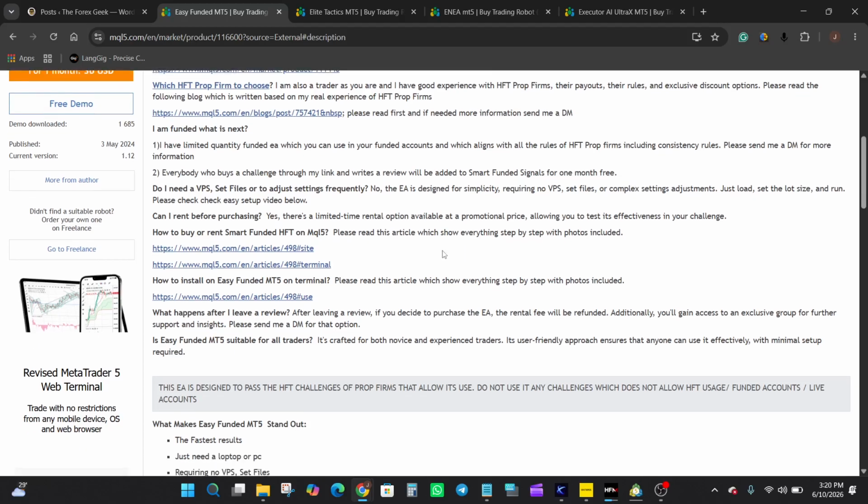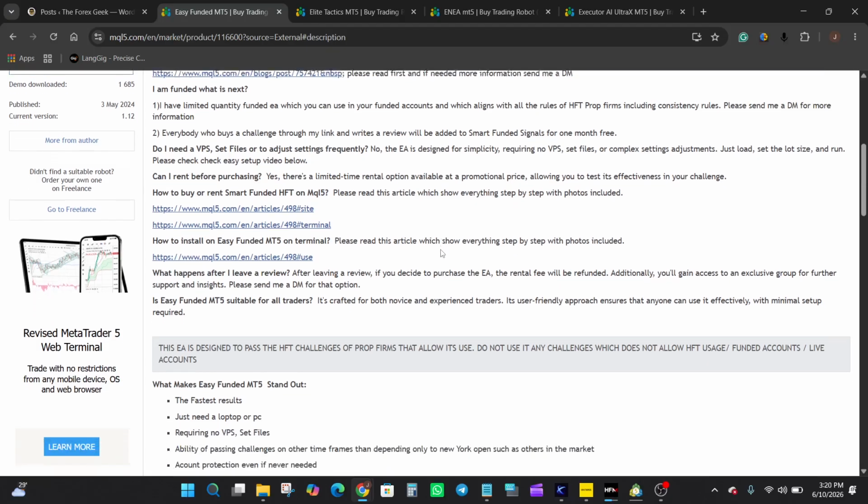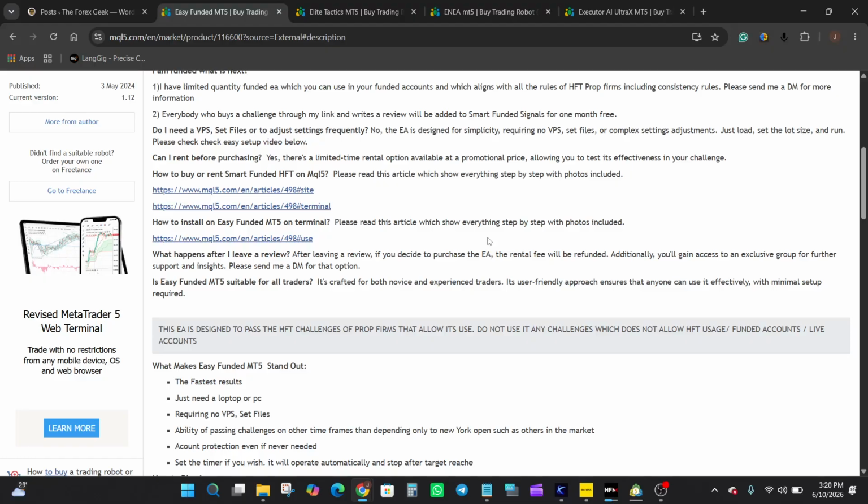Another notable feature mentioned on the page is the ability to automatically stop operating once a target has been reached. The description also references account protection functionality, although the exact internal mechanics are not disclosed in the marketplace information.